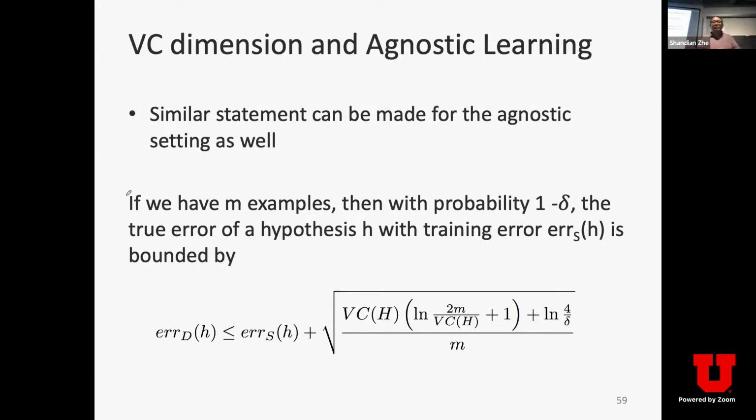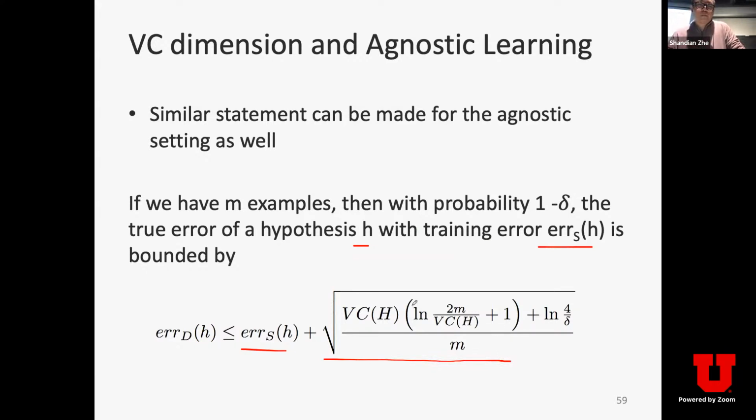If we have M examples, then with probability 1 minus delta, the true error of your learned hypothesis h is bounded by the training error plus this term.